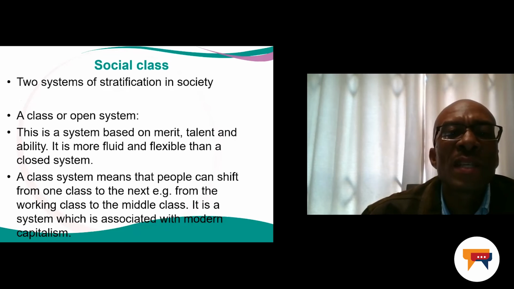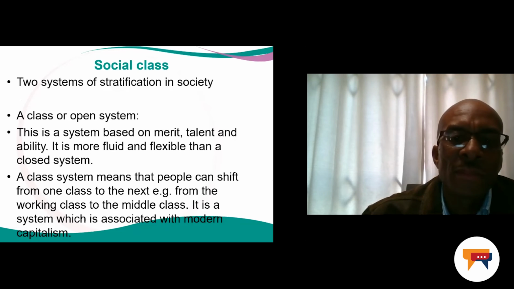So there are two systems of stratification in society. The first is what we call the open system. The system is based on merit, talent, and ability.